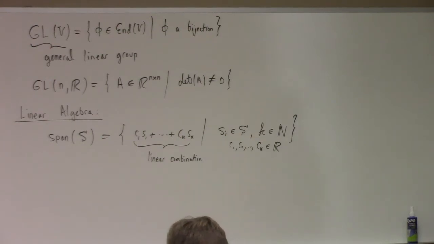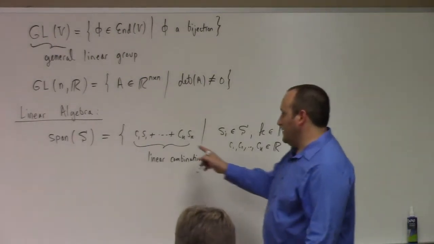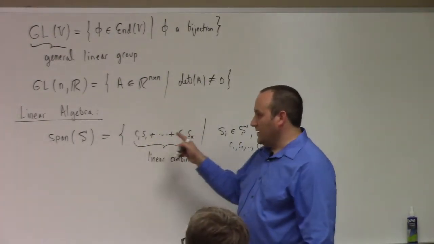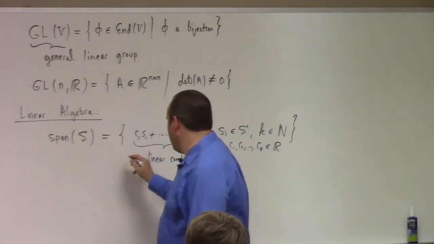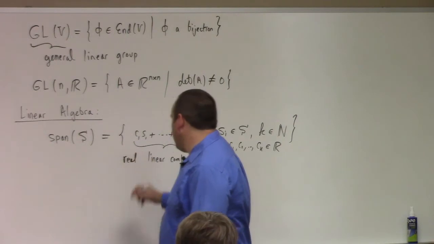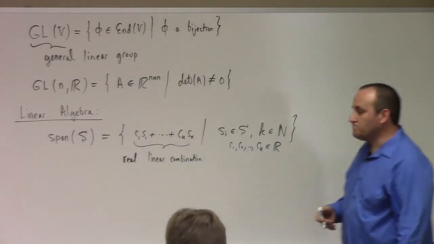We took complex vector spaces. We talked about vector spaces over a finite field even a little bit. But for our purposes in here, I'm going to be focused primarily on real vector spaces. So if I talk about a vector space, assume it's a real vector space if I don't say otherwise. Likewise, if I talk about span, I'm really talking about all finite real linear combinations, okay?